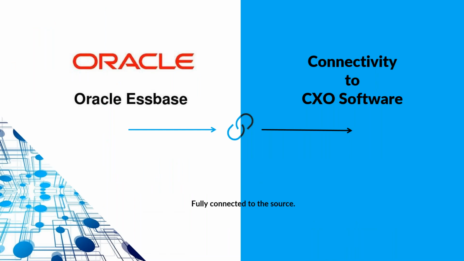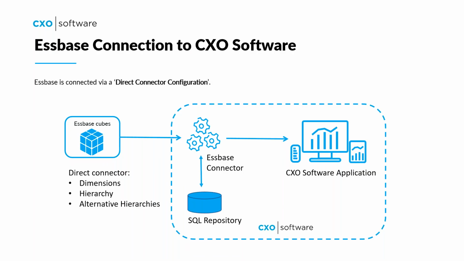So a little bit on connectivity. How do we actually do this? How do we get data from Essbase into CXO? First of all, if we think about a pre-built connector, a direct connector configuration, as you can see by this overview, CXO will actually sit directly onto the Essbase cubes, and we're collecting the dimensions and the hierarchy from the Essbase cubes into what we call an Essbase connector, and then it goes straight into the CXO application.